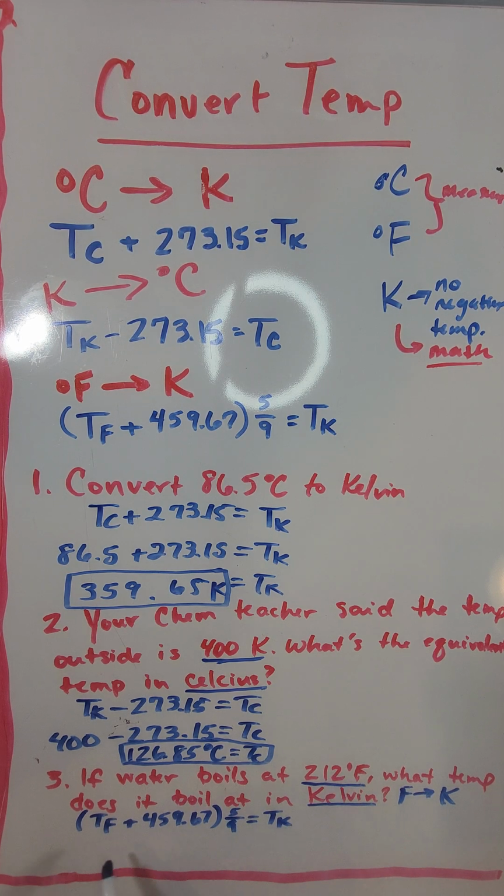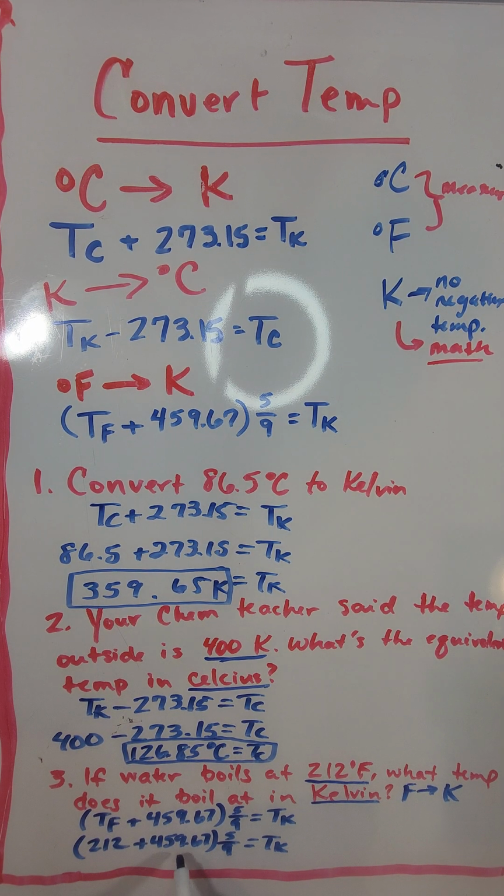So what is our Fahrenheit temperature? 212. We'll plug that number in right here. So we got 212 plus 459.67. Again, we're going to do parentheses first, then multiply by 5 and divide by 9 to get T K. Inside our parentheses, we add this up, and that's going to give us 671.67.